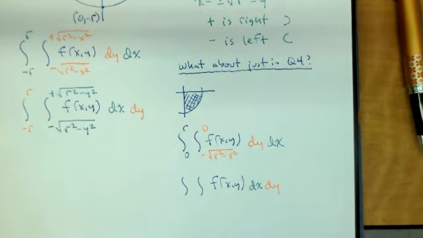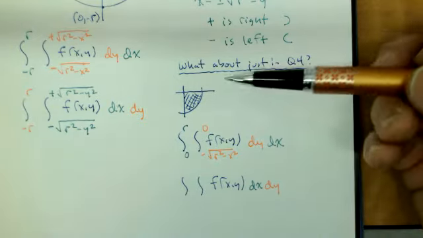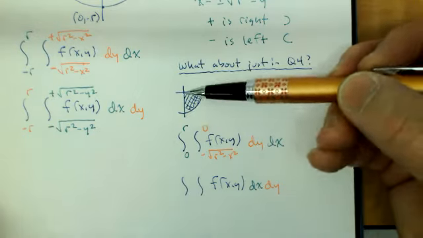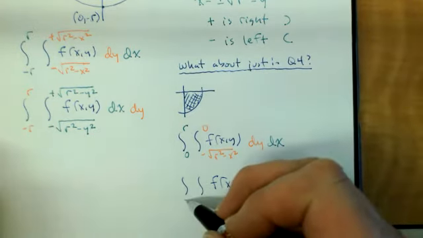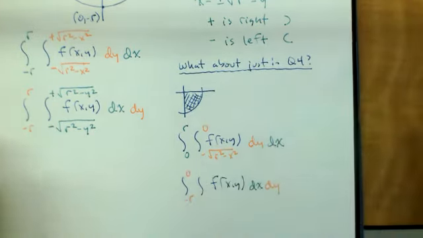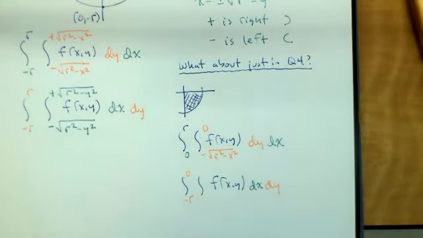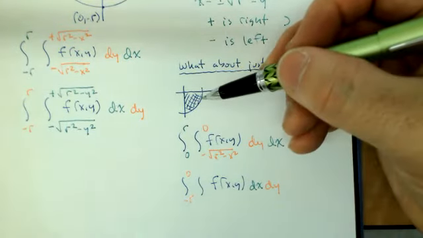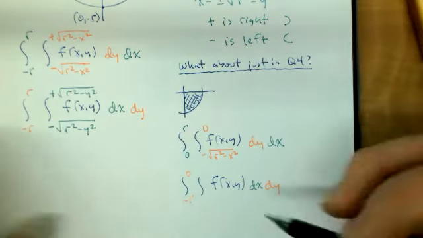If I want to describe this quarter of the circle in a dx dy, now y is going to take the role of the ones with the constants. The y starts off at negative r and stops at 0. And then the x starts off at 0 and goes up to the right half of the circle.